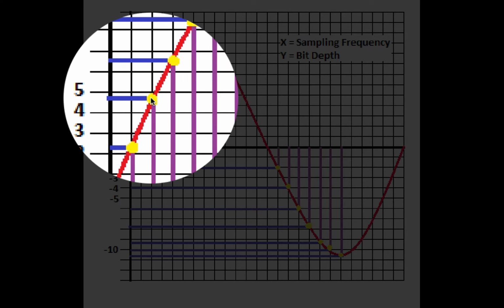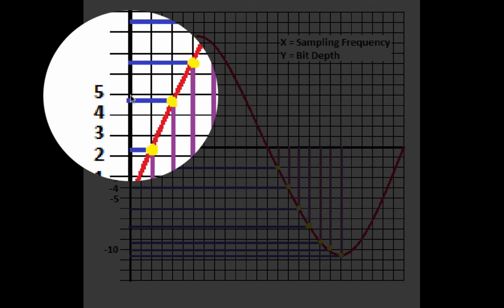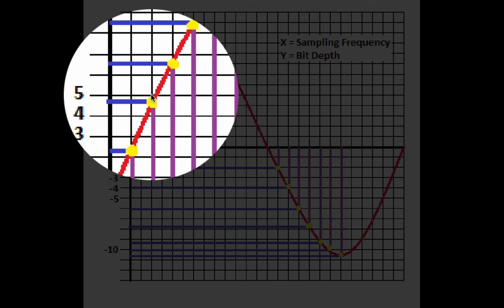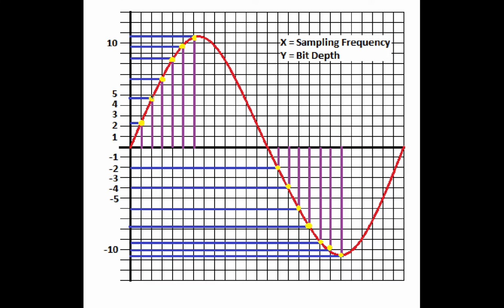If our bit depth only allows it to be seen at 4 or 5, it needs to be rounded to the nearest number. So it will be rounded up to 5. So your bit depth has to do with your amplitude and how many different points of amplitude are allowed to be sampled. So it all has to do with quantizing.